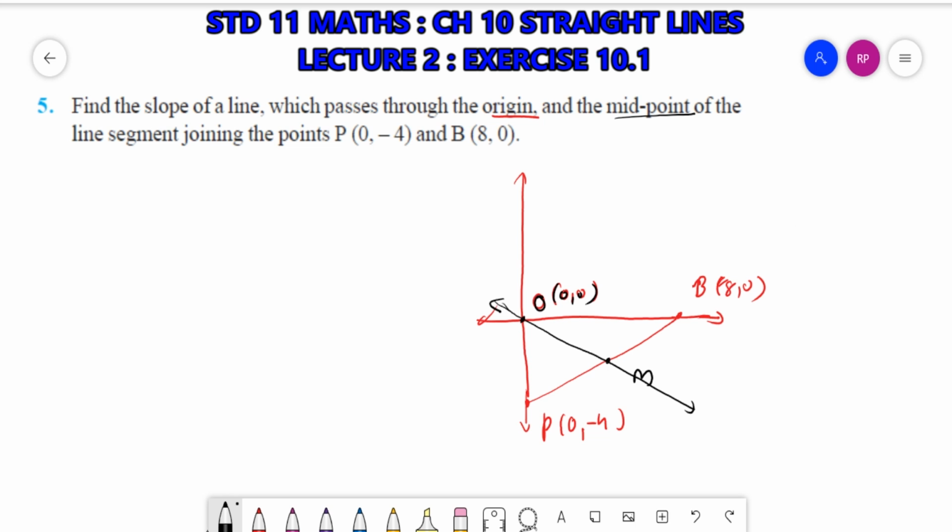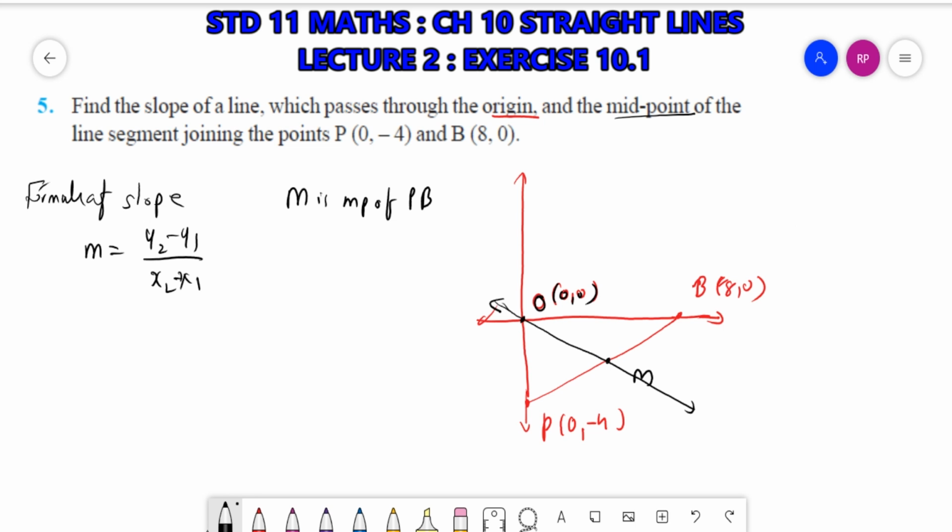Now the formula for slope, when 2 points are given, is y2 minus y1 upon x2 minus x1. Now 1 point is given, O. Here M is the midpoint of PB.